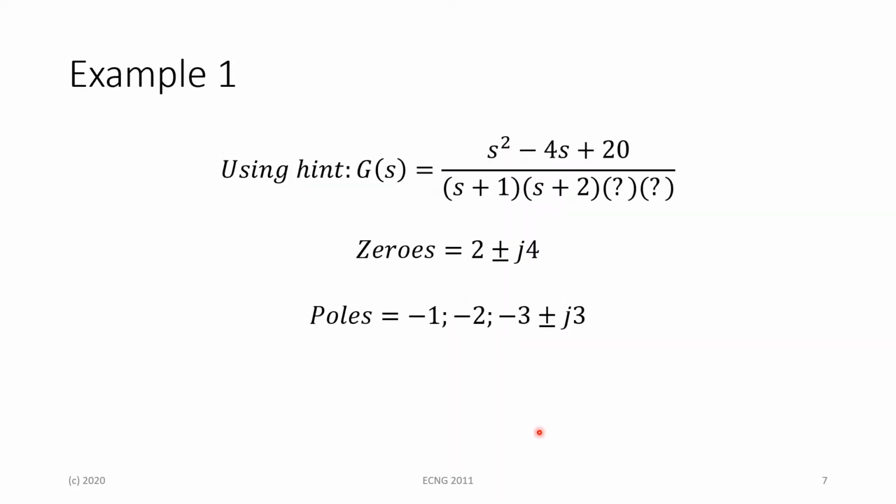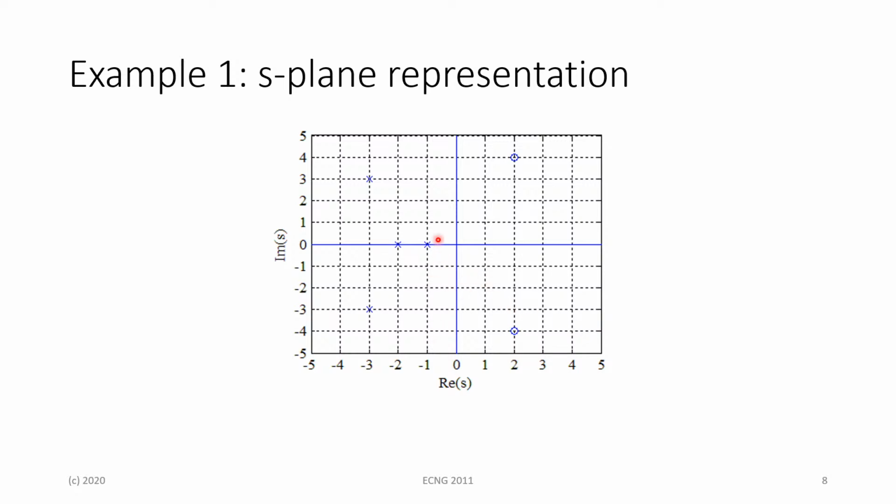And then for our poles here, which are -1, -2, and then -3 plus or minus j3, we basically have at -1 here, represented by our x for our first pole, -2 here for our next pole, and then at the -3 part, we have plus or minus 3 accordingly for the last two poles as well.